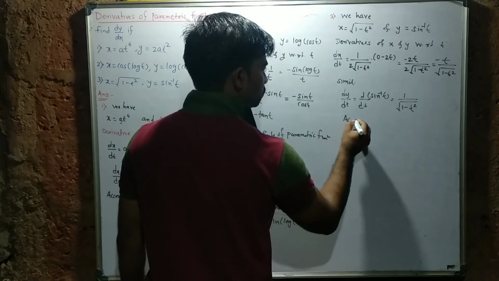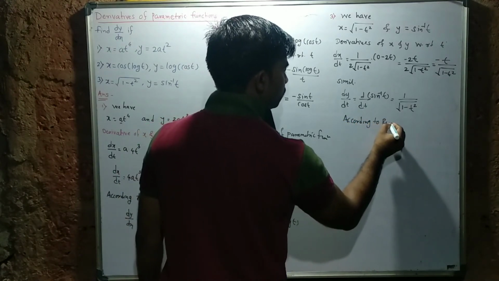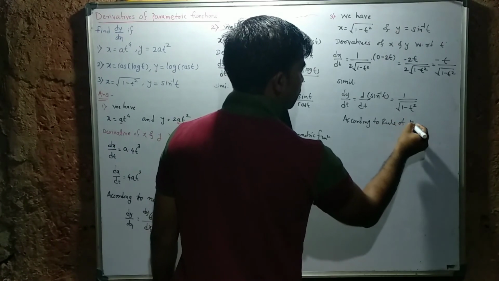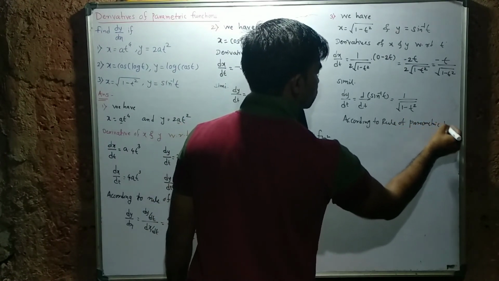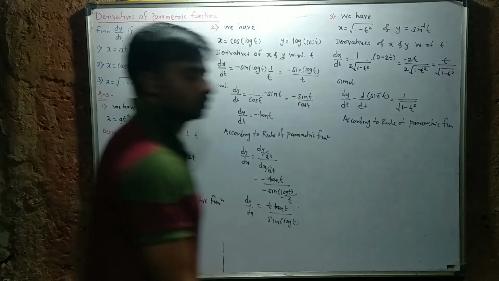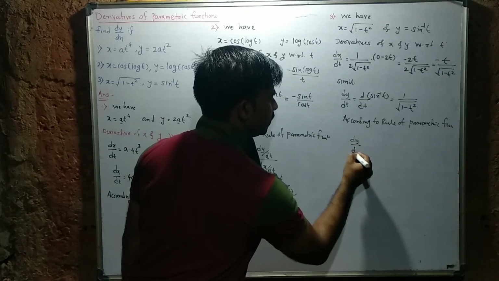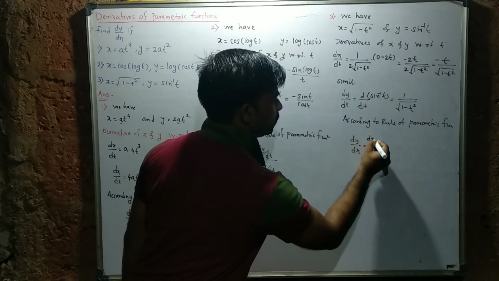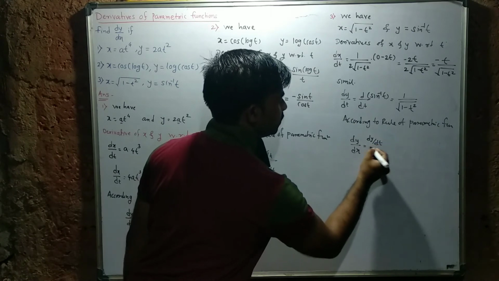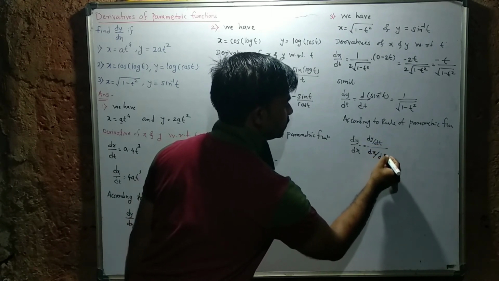Then according to the rule of parametric function, we know that dy by dx is equal to dy by dt divided by dx by dt.